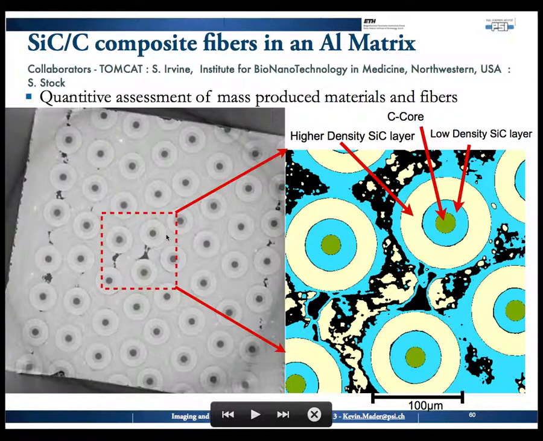Each one of these represents a different fiber that we're looking at, and we want to analyze them well. If you were to try to do a shape analysis or measure how thick this inner core is, it would be very difficult.